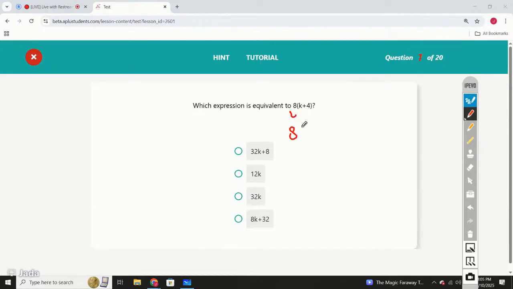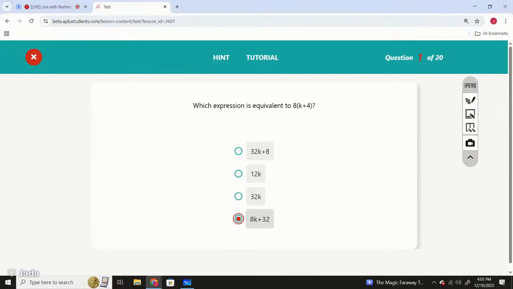We have to do 8k plus 8 times 4, which is 32. That is 8k plus 32. Option number 4 is the correct option.